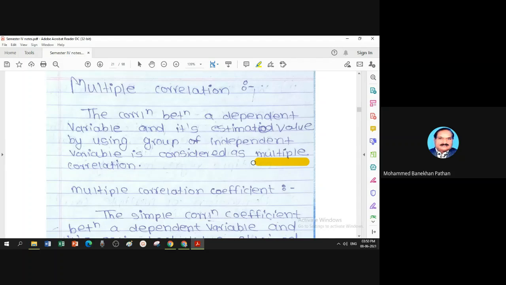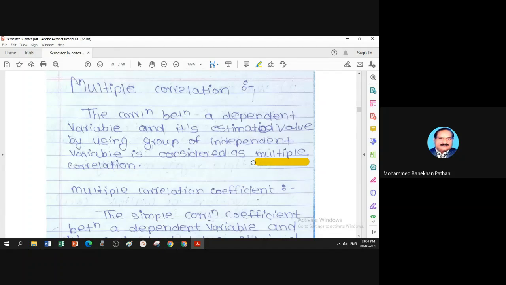The correlation, the relation between the actual value and its estimated value obtained by using the regression plane, is known as multiple correlation. Here the word multiple is given because it represents a relation between more than two variables. That's why the word multiple is given.